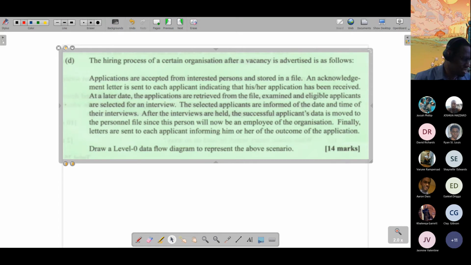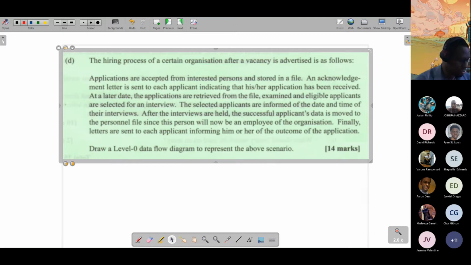The hiring process of a certain organization after a vacancy is advertised is as follows. Applications are accepted from interested persons and stored in a file. An acknowledgement letter is sent to each applicant indicating that his or her application has been received. At a later date, the applicants are retrieved from the file, examined, and eligible applicants are selected for an interview.